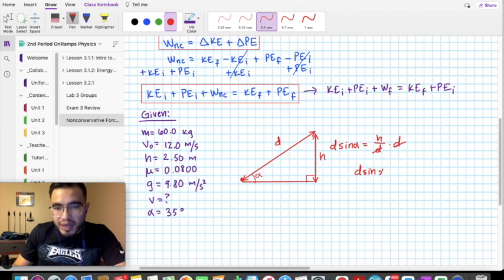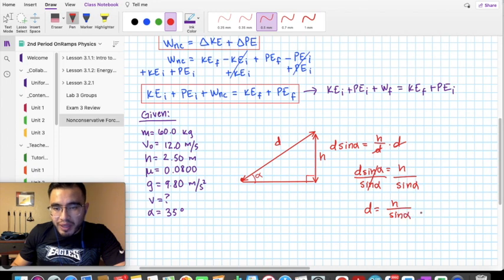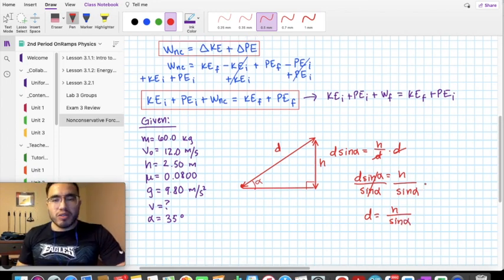So d sine alpha equals height. We divide by the sine of alpha. And now we have the distance. We could find it now because we know height is 2.5 and alpha is 35 degrees. But for now, I'm going to leave it like this. Okay? So we found the distance.